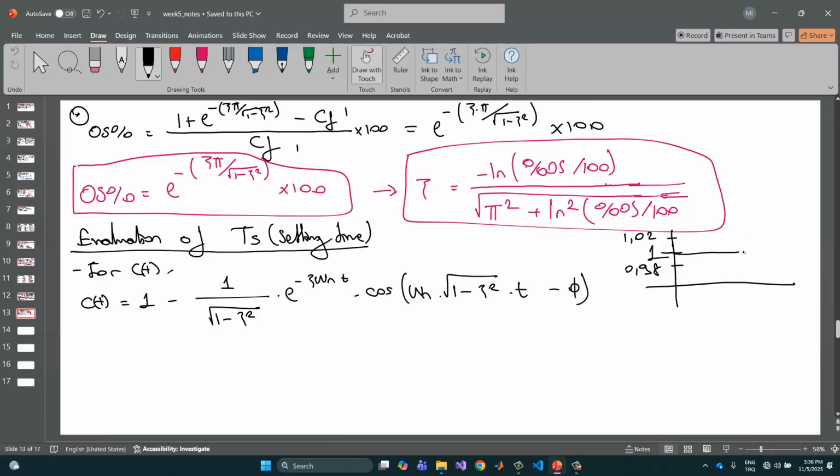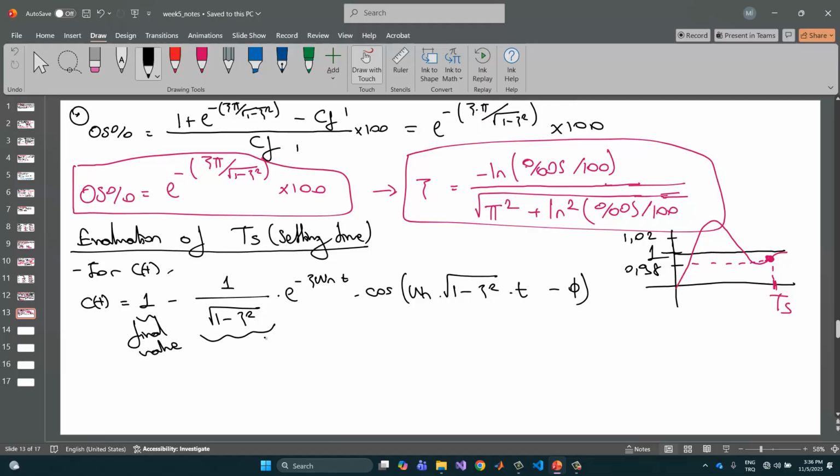And we drew this signal in here, just like this one, and this point is the what? Ts, right? Settling time is equal to this one. And so, this is the final value.